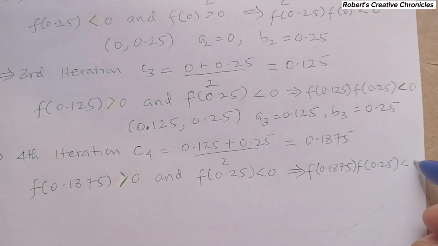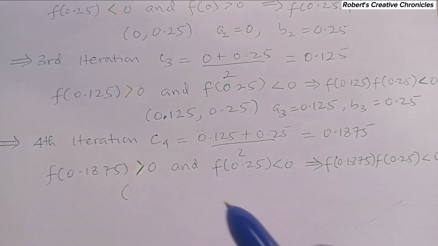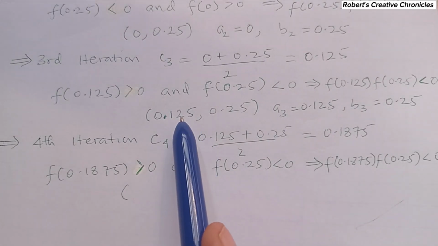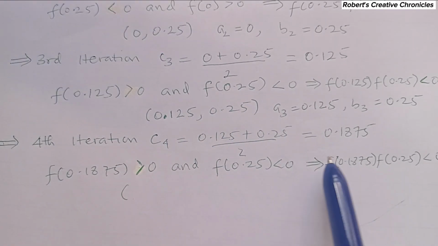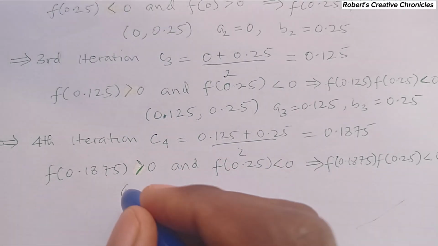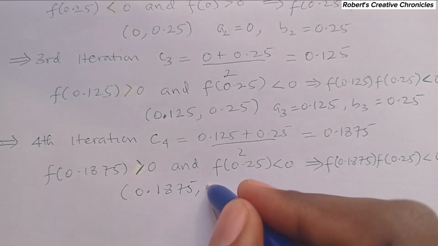So now this is our interval. In the interval here, 0.25, we are still using it. So it's this one that will change. So it will be 0.1875, then 0.25.